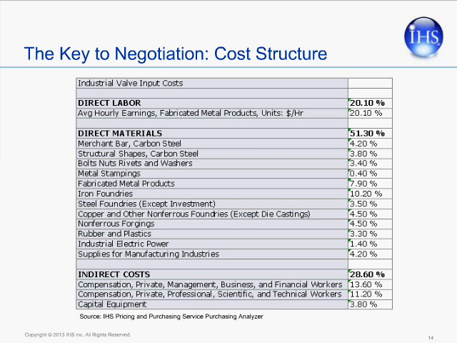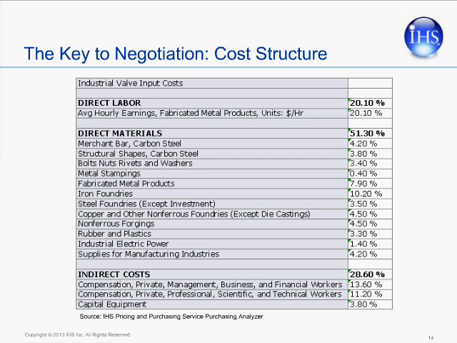Industrial valves is one of those examples, and you can see the great depth that we go into here to identify not only the materials, which is, of course, going to be the key to most negotiations, but also looking at direct labor and indirect costs to understand a more complete cost structure.